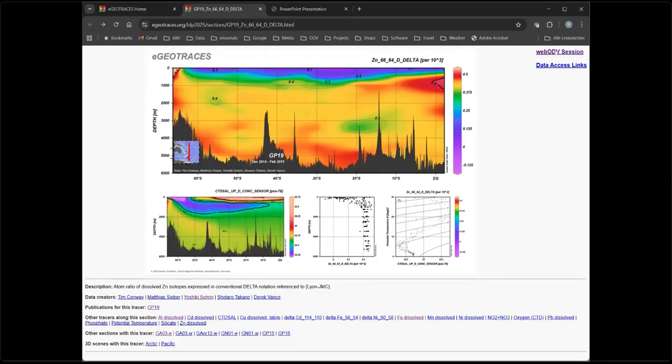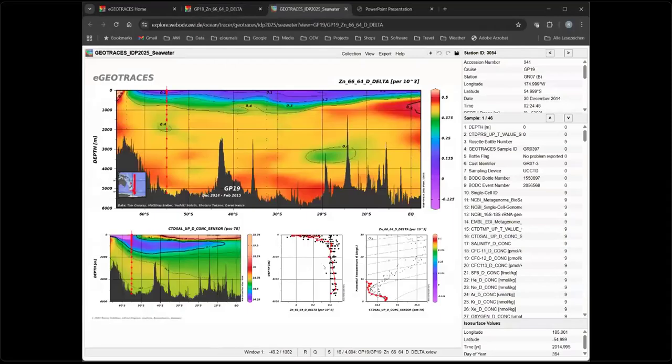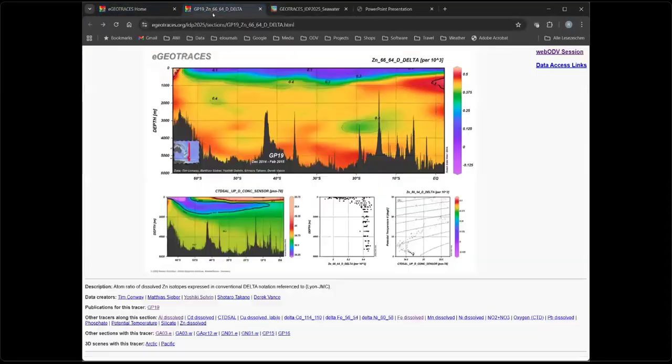Then click this link, and this will take you to a live data session in WebODB with this parameter. And you could start zooming, you could change palette, you could change the parameters on these axes, just following your inspiration and ideas and hypothesis testing. And let me go back.